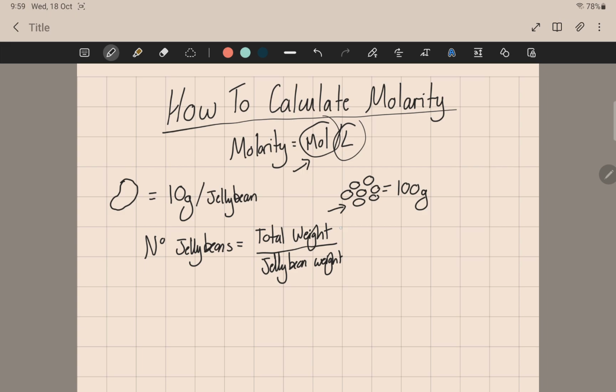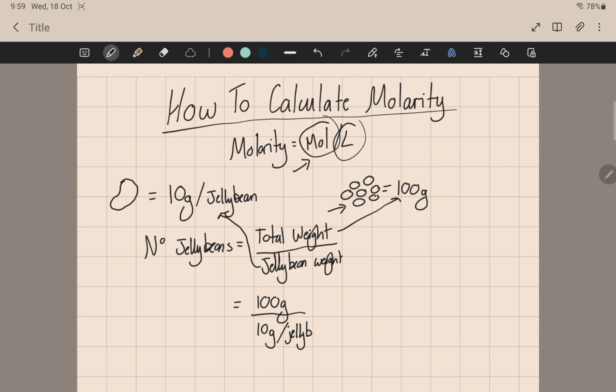Now, we know that our total weight is 100 grams, just there. We got our jelly bean weight here, which was 10 grams per jelly bean. So, if we extend that out, we get 100 grams, that's our total weight, divided by our jelly bean weight, which was 10 grams per jelly bean.